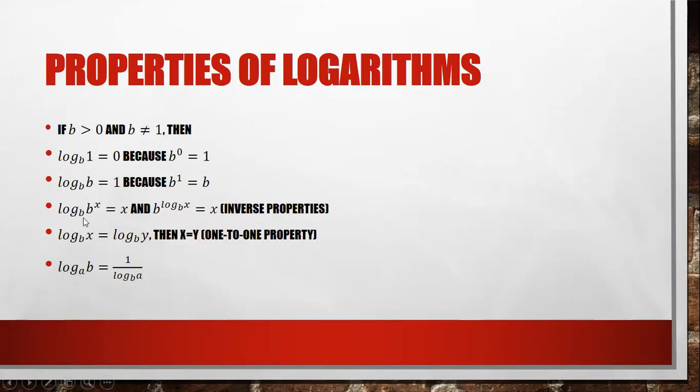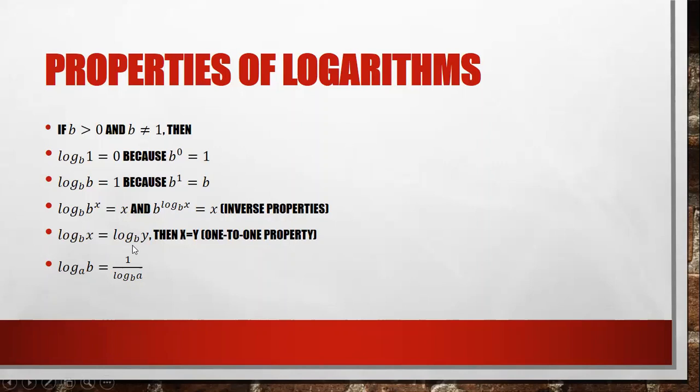Another property is if you have log base b of b raised to the power of x, then automatically that is equivalent to the exponent. That is equal to x. Okay?